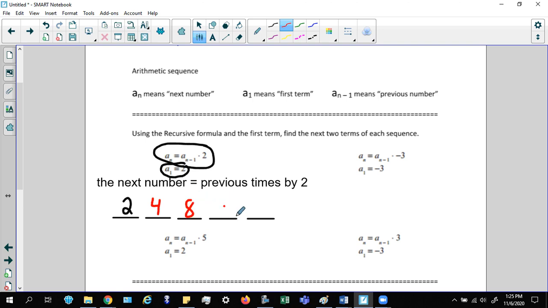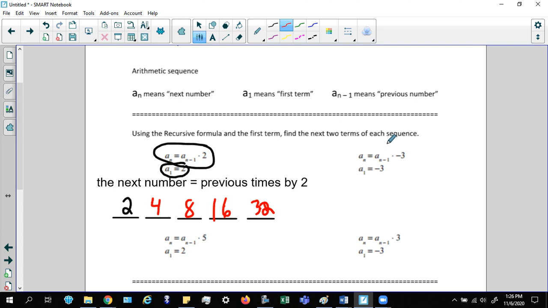To get this number here, again take the number before, which is 8, and you get 16. I know it's not asking, but to get this number here, how do you get the next number? Easy. You look at the number in front of it and simply times it by 2. Oh, that's supposed to be a 2. There you go.